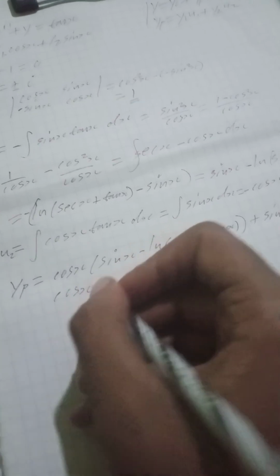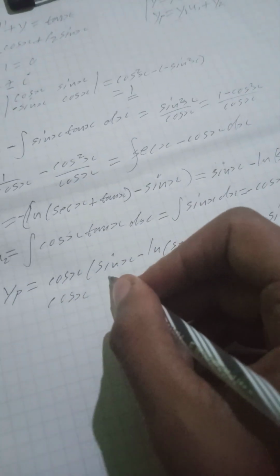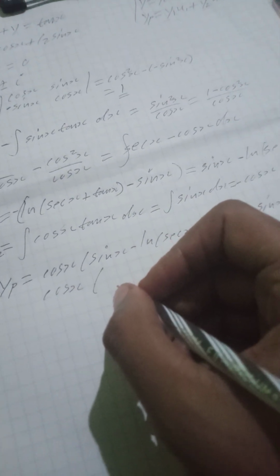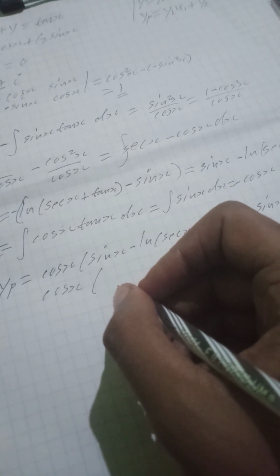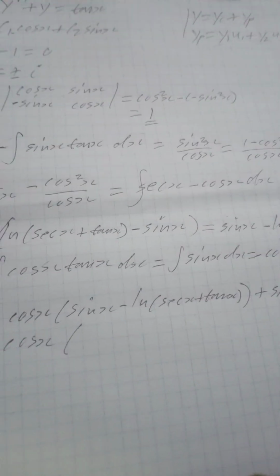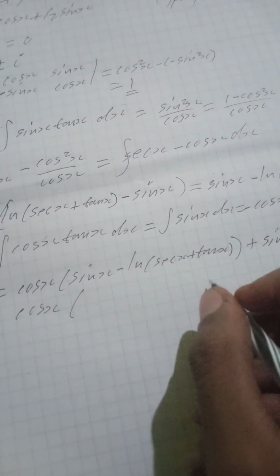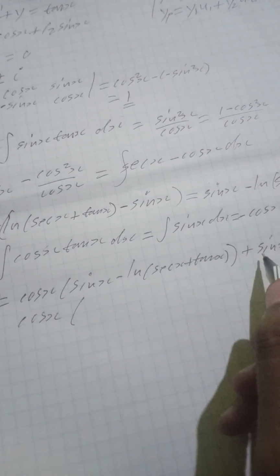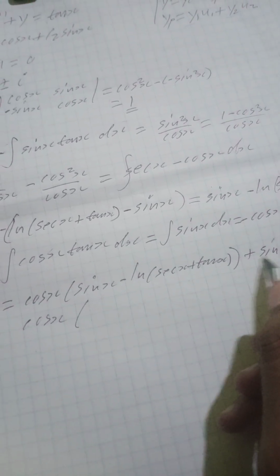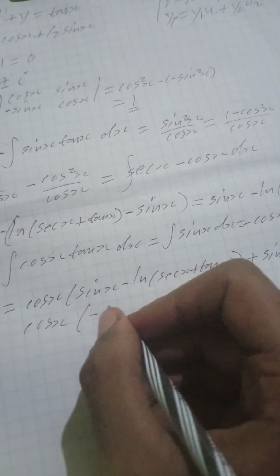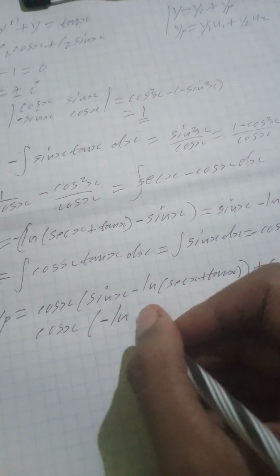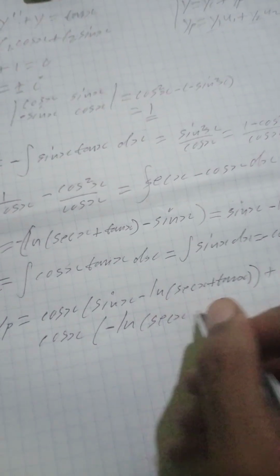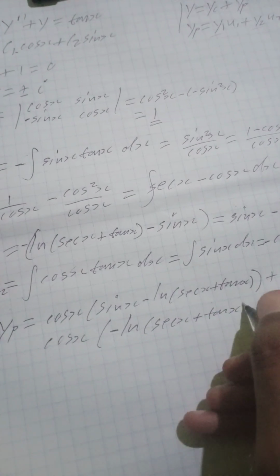The sine x terms cancel, so it's just negative ln of secant x plus tan x.